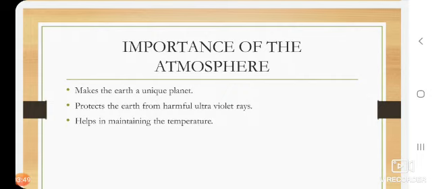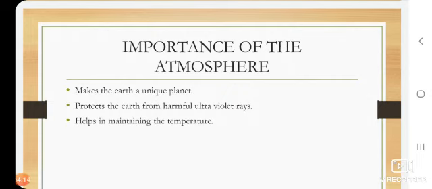Children, as I have already told you, let me repeat it once again. The earth's atmosphere makes the earth a unique planet in the solar system. Why is it a unique planet? Because it supplies oxygen and supports life on the earth. The presence of oxygen is important for human beings and animals, as you know.